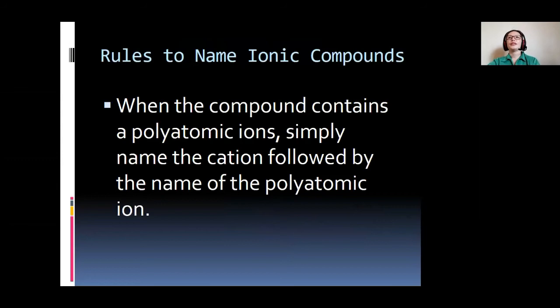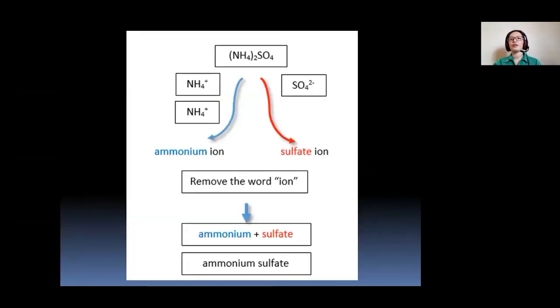Okay? So what about in naming ionic compounds with polyatomic ions? Here, name first the cation followed by the polyatomic ions. Example, if you have ammonium and sulfate.